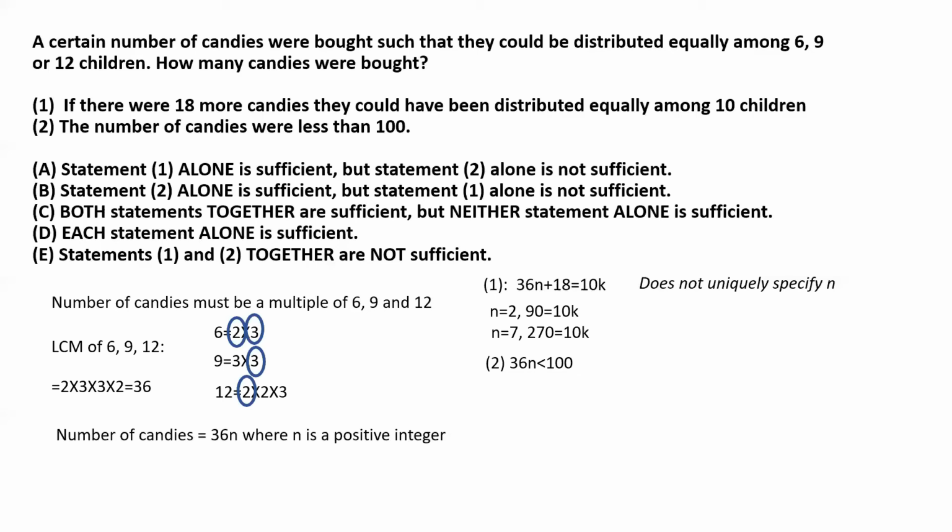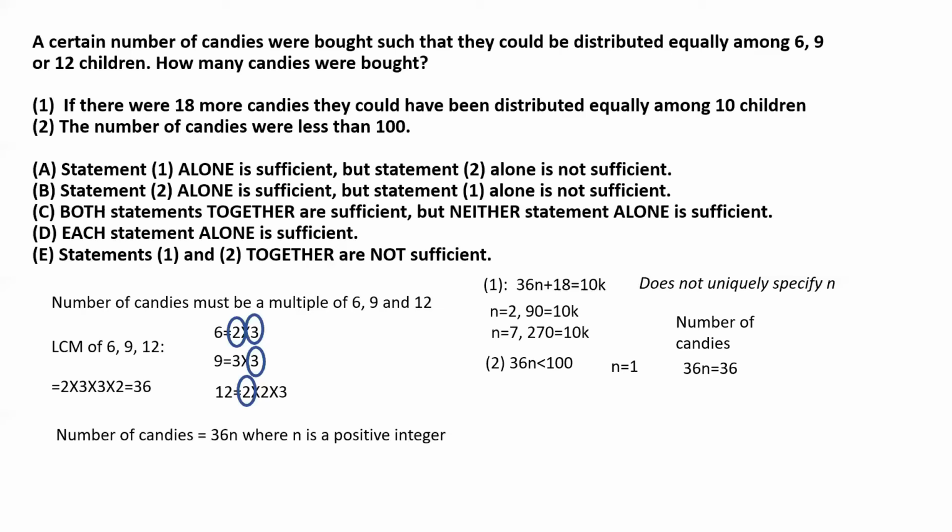And again, if you substitute n equal to 1, then the number of candies is 36, right? Remember, the number of candies is not n, it's 36n. So we know that n is a positive integer, and so we are substituting positive integer values of n to determine what the number of candies might be, which is 36n.